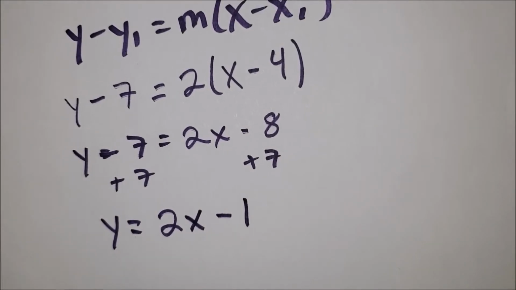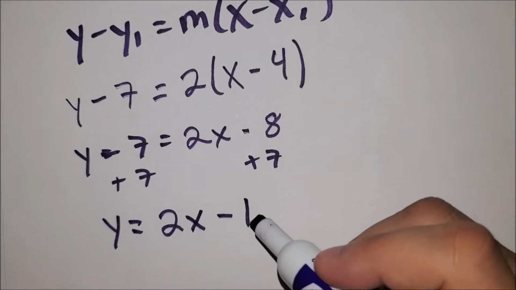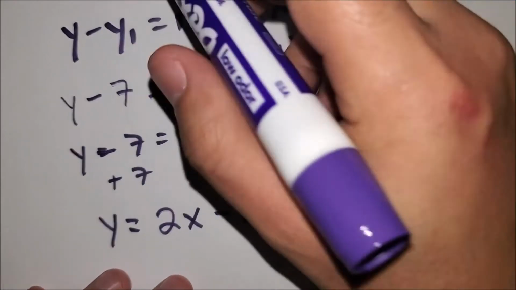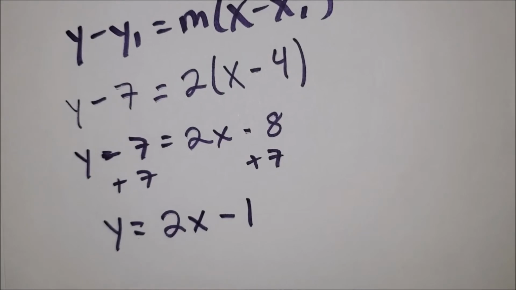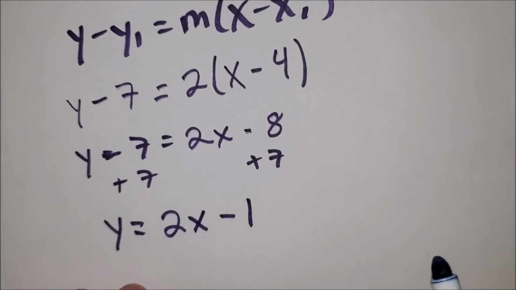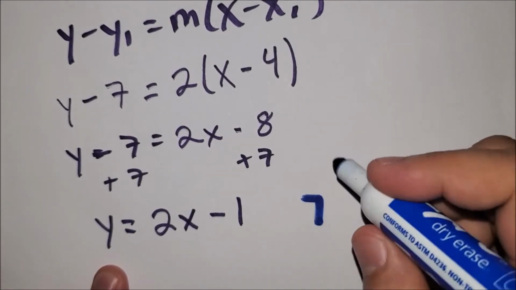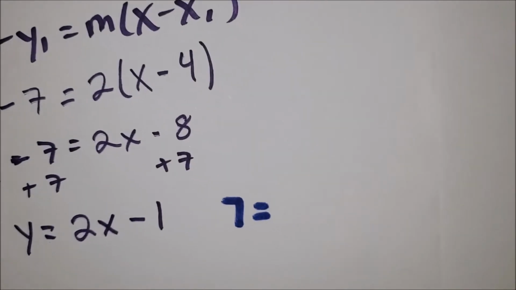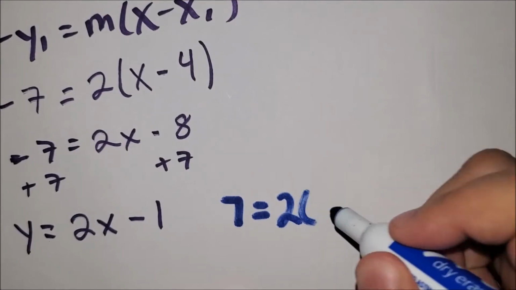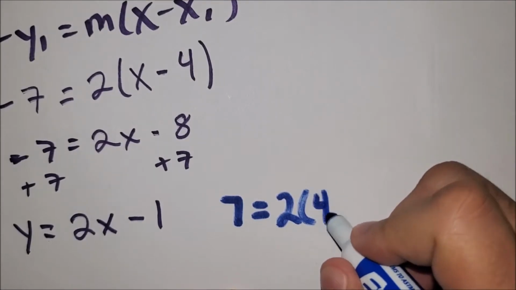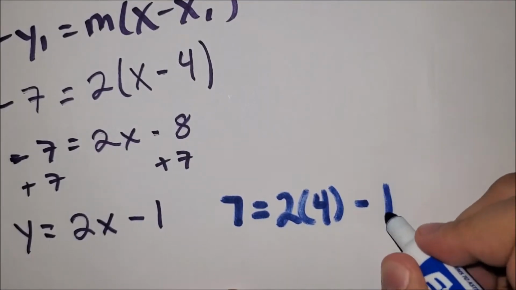And we can check to make sure that this indeed does pass through the point (4, 7) by plugging the values of 4 and 7 into our equation to make sure that this gives us correct information. So we're saying 7 equals 2 times 4 minus 1.